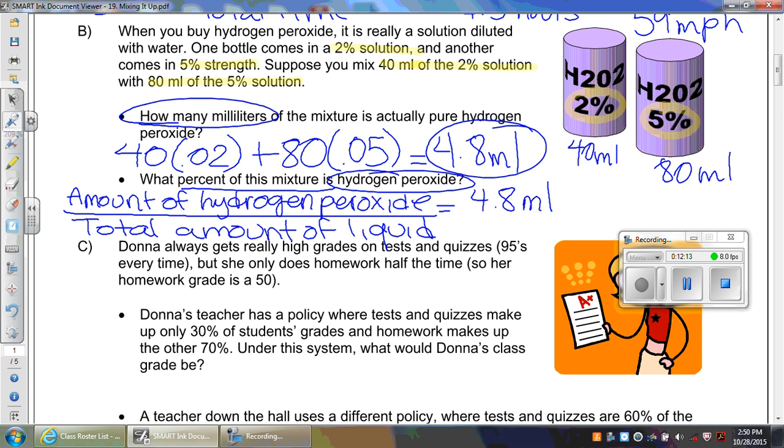So what was the total amount of liquid, guys? 120, right? We didn't really calculate that, but we know that if we add 40 plus 80, we will get 120.